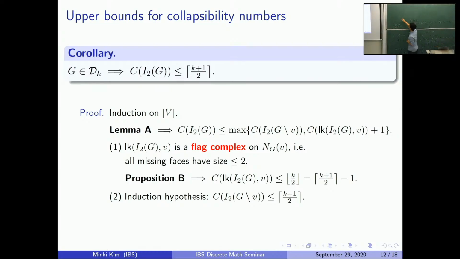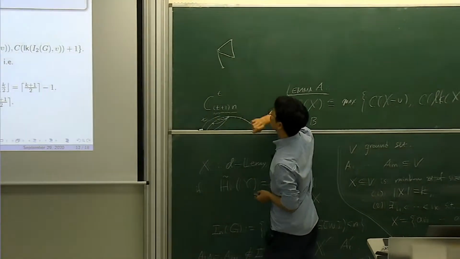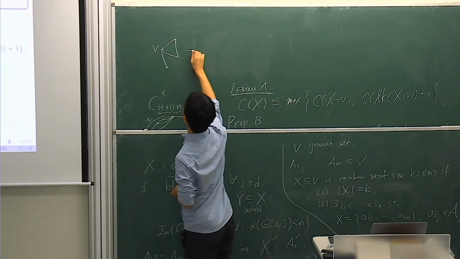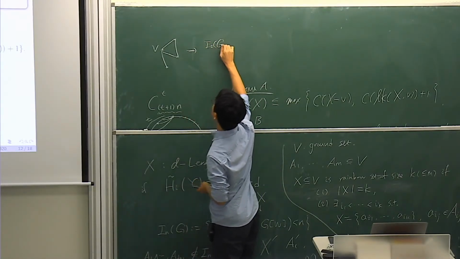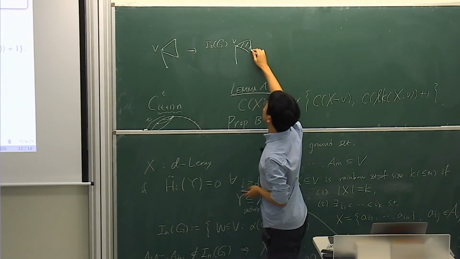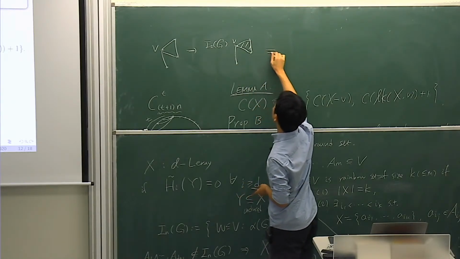For example, if I have this graph and let's say this vertex is v, then I_2 of G, which is a clique complex, is this complex. And then we look at the link of v.